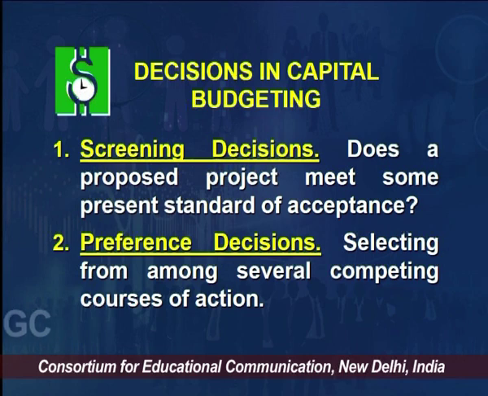So, let me explain this to you. When I say screening, it means we have to decide whether this fulfills my standards. Let us say a company has a policy of a gestation period of 5 years for plant and machinery. So, when I am going to choose any new plant or machinery, which means a capital investment decision, I will compare how many years this particular equipment will take to give back or return my investment.